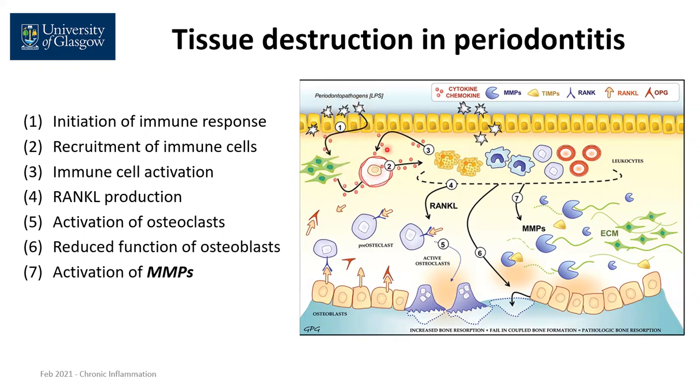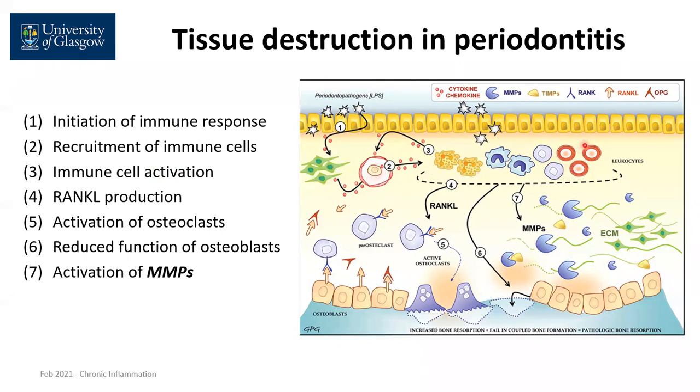You get the effector responses within the immune cells, which can lead to recruitment of other immune cells, so neutrophils and macrophages play an important role here. And then finally, you get activation of the immune cells, which can be either innate immune cells or adaptive immune cells.